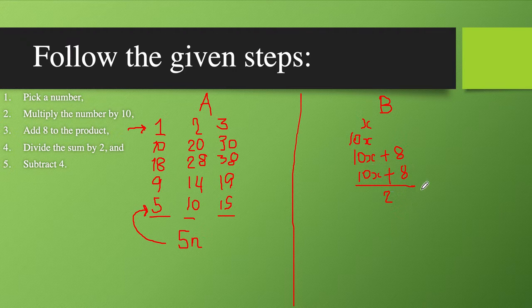Maybe we can simplify this first. This becomes 10x over 2 plus 8 over 2. If we simplify that, this becomes 5x plus 4. Then we deduct 4 from that. So 5x plus 4 minus 4 is going to end up with 5x.